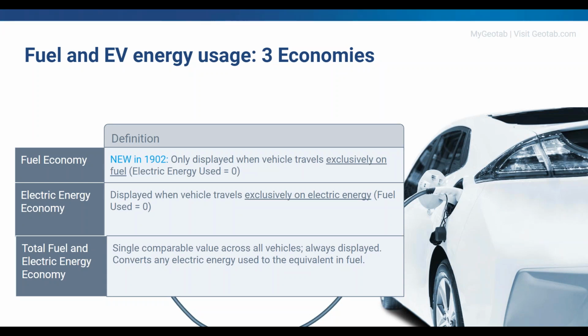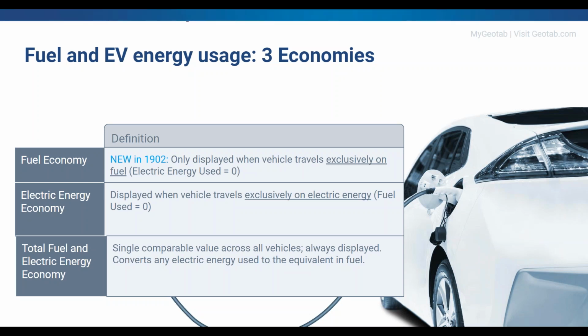Electric energy economy is the new one with this report. This is the same concept I explained earlier. It's when the vehicle travels exclusively on electric energy, so the fuel use is 0. And the one value that I showed in the earlier slide comparing the performance, that miles per gallon equivalent, was the total fuel and electric energy economy. We're providing this as a single comparable value across all your vehicles in your fleet.